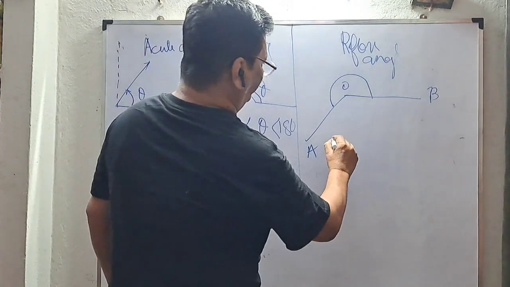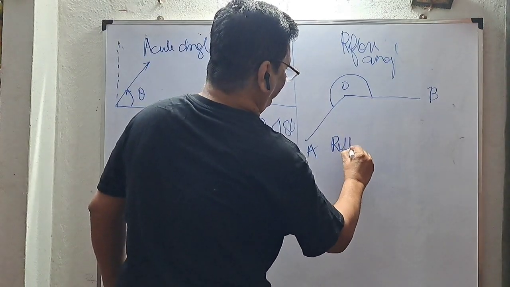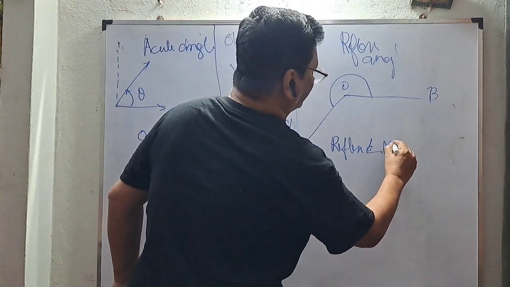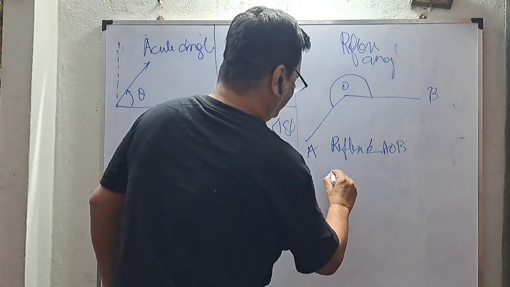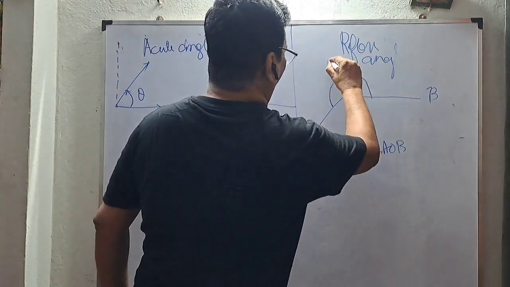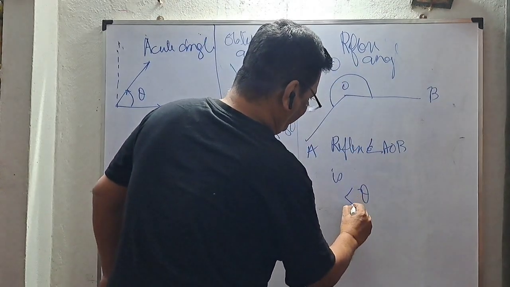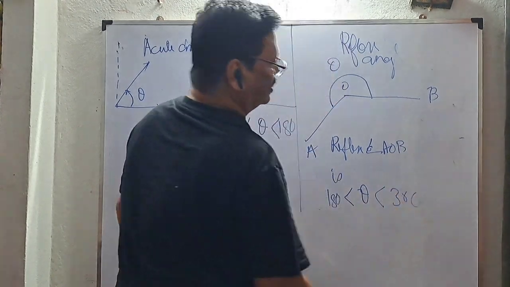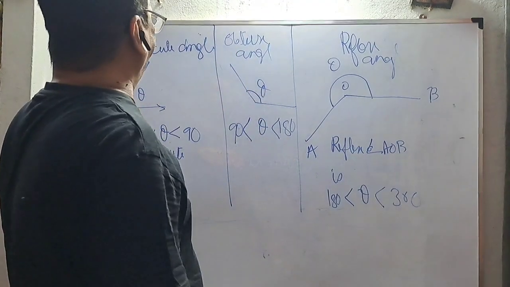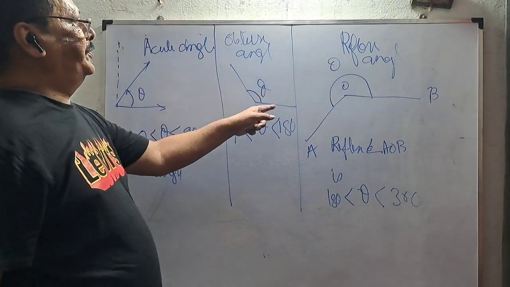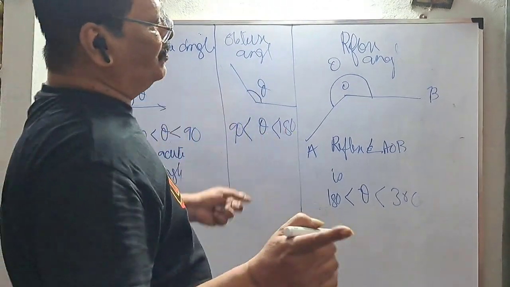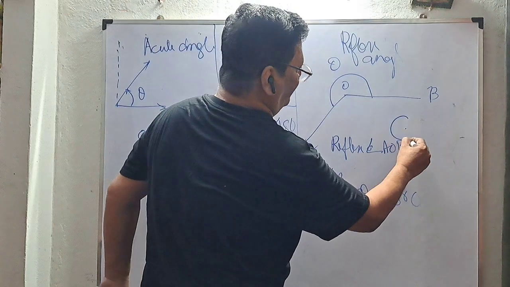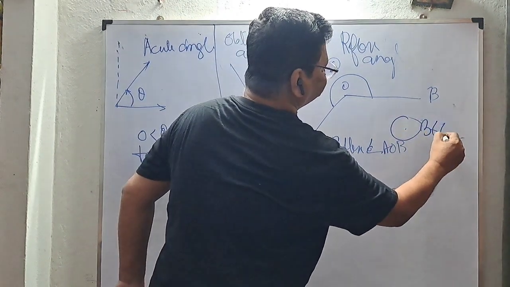Reflex angle AOB: if this is theta, then theta is greater than 180 degrees and less than 360 degrees. So this is what you have: acute, obtuse, reflex angle. And one more angle that we have is called a complete angle, that is the angle round a point, that is 360 degrees.